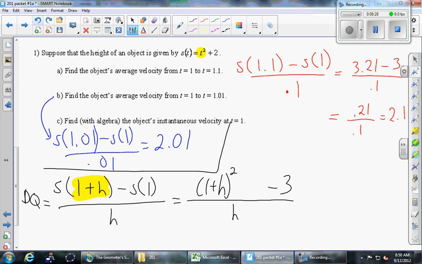And what else was there in the function? Was a plus 2. There's also a plus 2 here. So this whole thing is S of 1 plus H. I think that's the hardest part of this problem. Any questions on what we did?